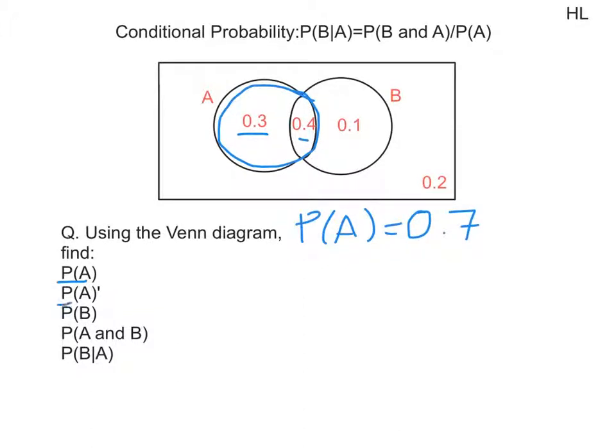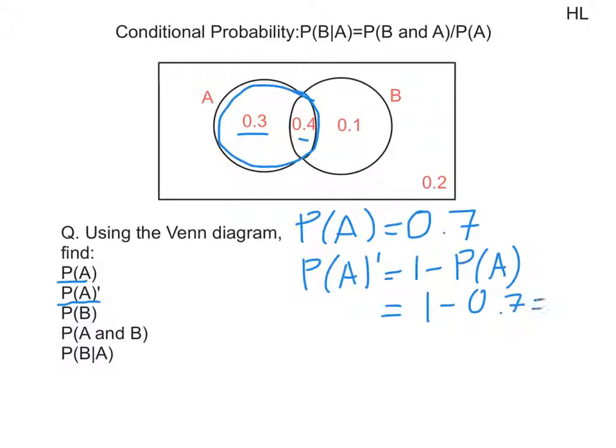Next question is the probability of A complement. The probability of A complement is equal to 1 minus the probability of A. This is otherwise referred to as what is not in A. In this case, it's 1 minus 0.7, which is equal to 0.3.